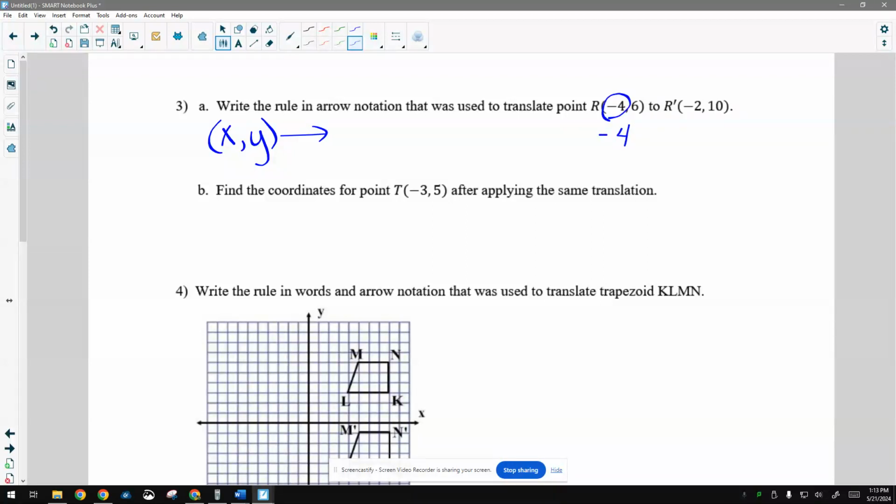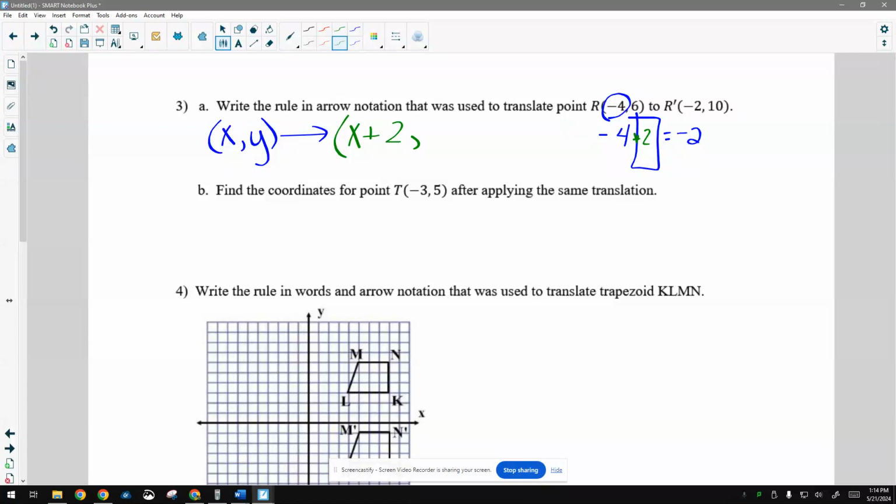What do I do to negative 4 to get negative 2? What am I doing, Austin? Let's see, plus 2. Is negative 4 plus 2 negative 2? Yes, so we're going to write X plus 2, comma.